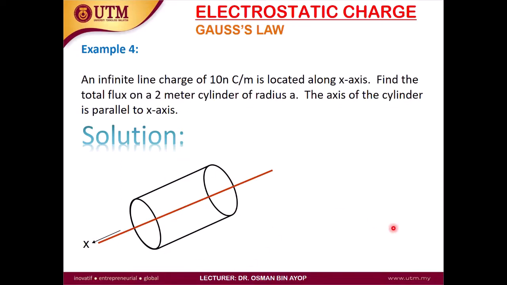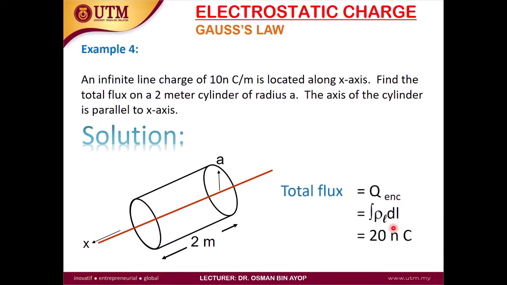So what is the total flux? Total flux equals Q enclosed, so only the charge enclosed by this Gaussian surface. In this case, the Gaussian surface is in the form of a cylinder, not a sphere. It depends on the physical behavior of your charge system. Right, so Q enclosed equals the integration of rho L dl.